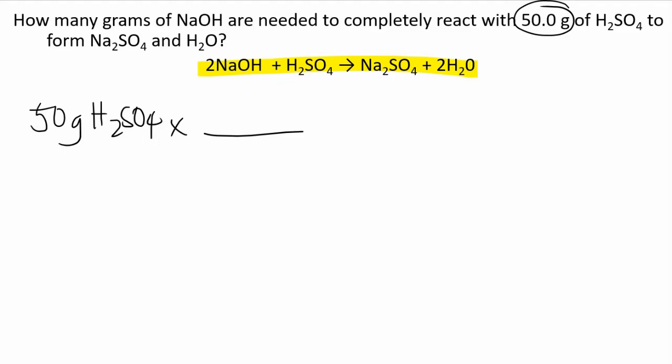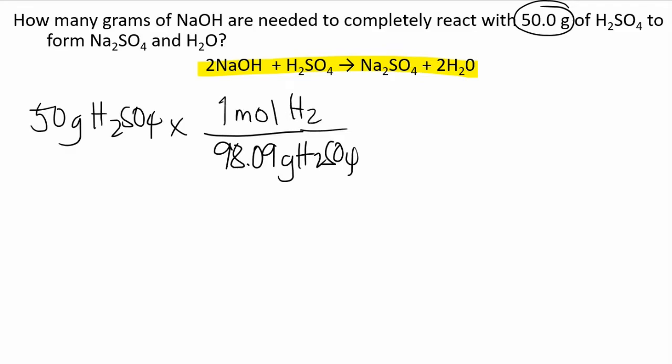So, we will have here the molar mass of sulfuric acid, which is 98.09 grams sulfuric acid. So, compute nyo na lang kung ano yung kanyang formula mass. Okay? And this is always equal to 1 mole of H2SO4.